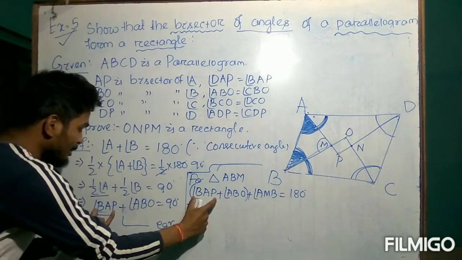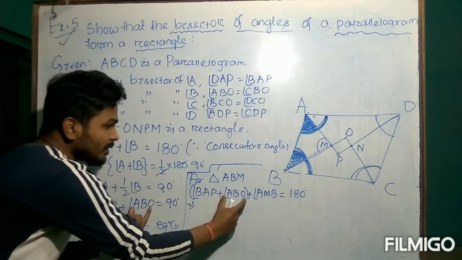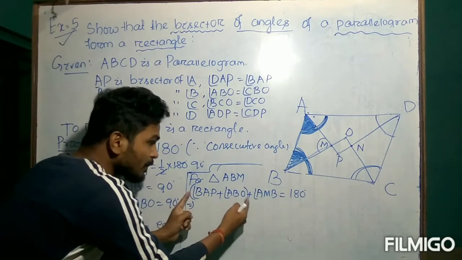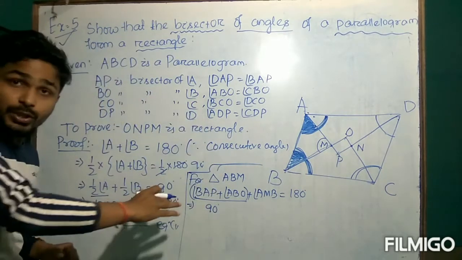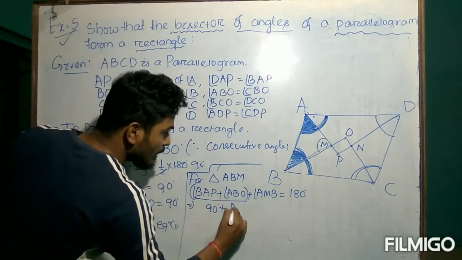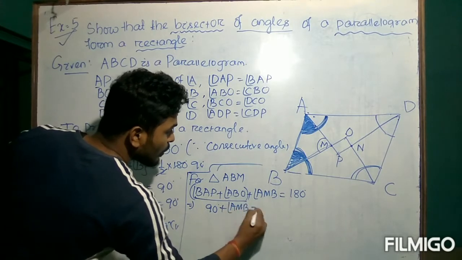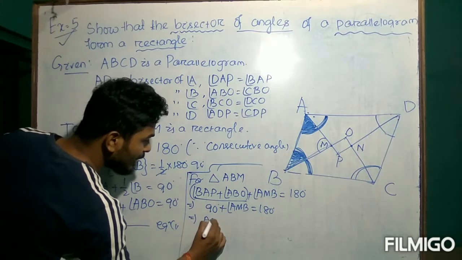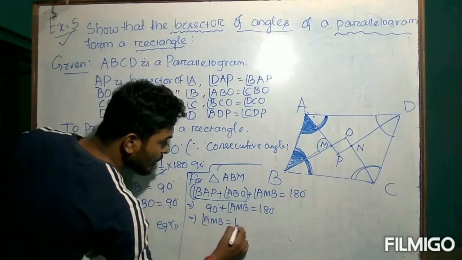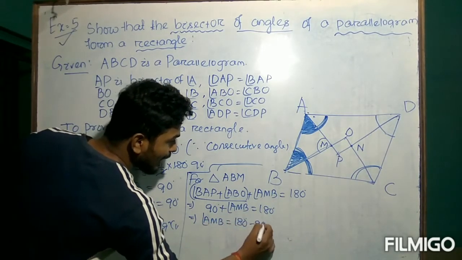As we have proved BAP, this is also BAP, this is ABO, this is also ABO. Since we have proved the sum of these two angles is equal to 90 degree, in the place of these two angles we can substitute 90 degree plus AMB is equal to 180 degree. Is it clear? So what is the value of AMB? The value of AMB is equal to 180 degree minus 90 degree.